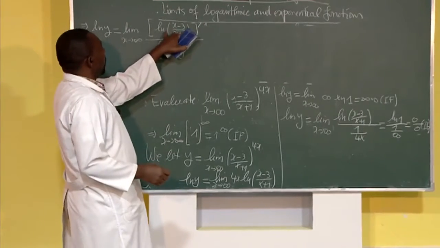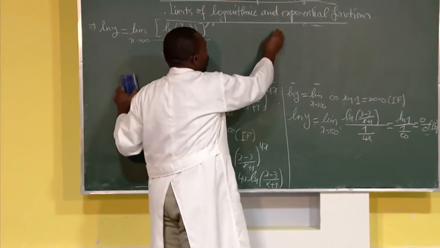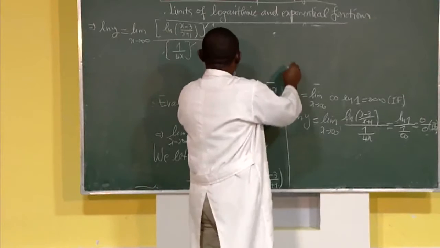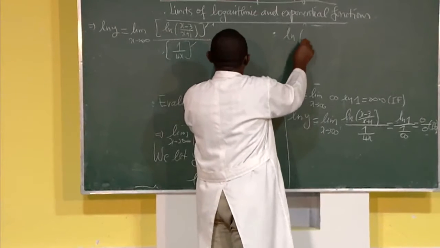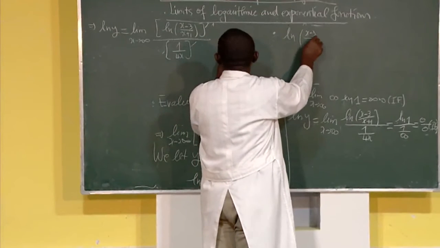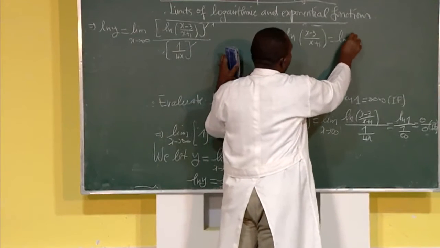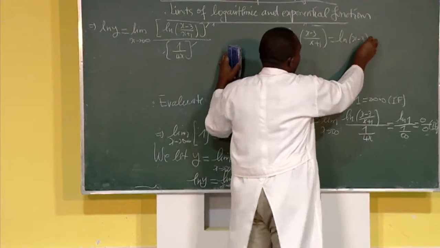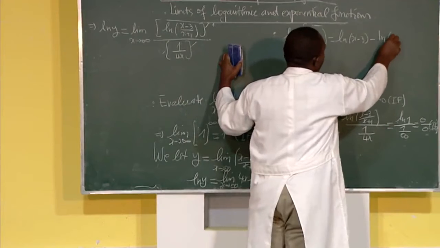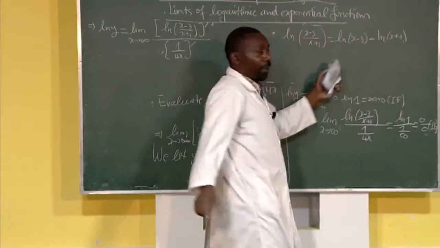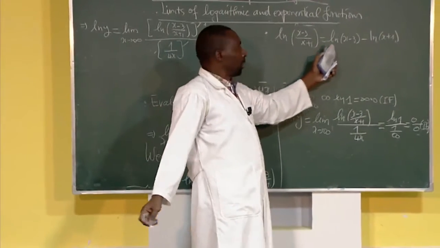Then the derivative of this numerator, let me do my draft here. We know that ln of (x minus 3) divided by (x plus 1) equals ln of (x minus 3) minus ln of (x plus 1), properties of ln.